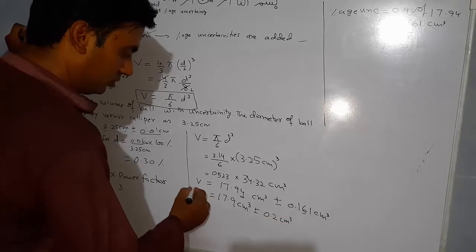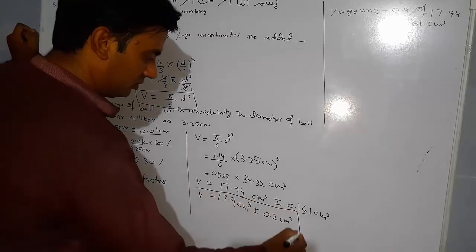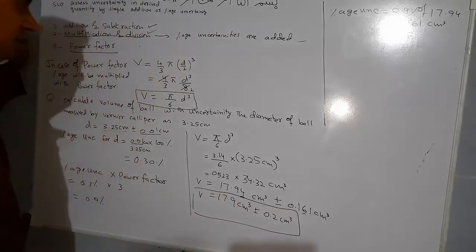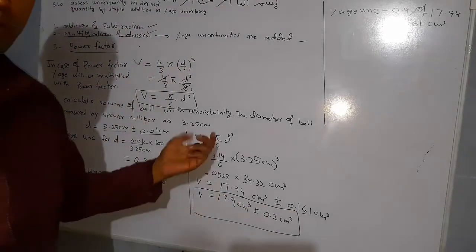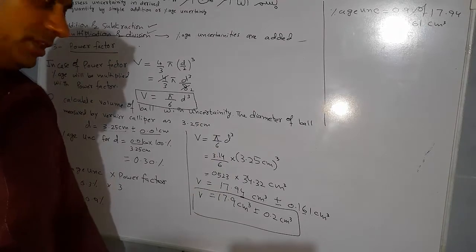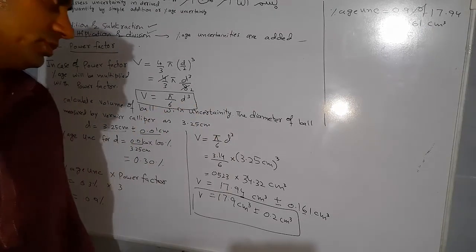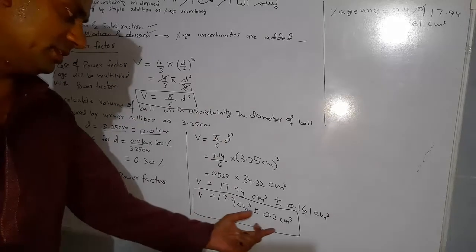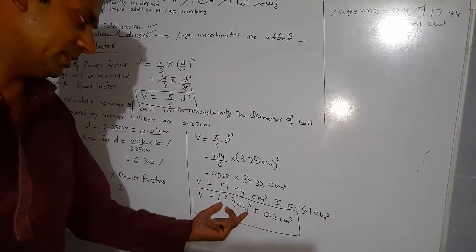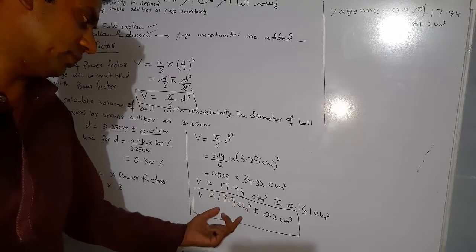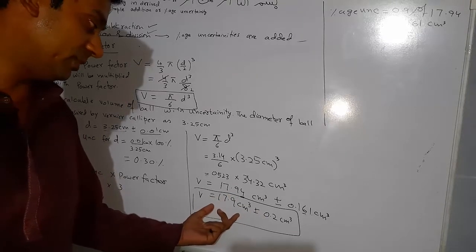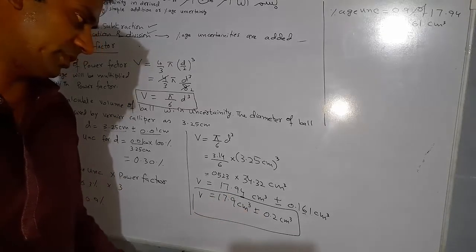So this is all about the power factor. To summarize again: in the case of a power factor, we first find the percentage uncertainty, then the power factor is multiplied with that percentage uncertainty, and then we calculate this percentage of the measured value of the given quantity, meaning the volume. The volume comes out to be 17.9.